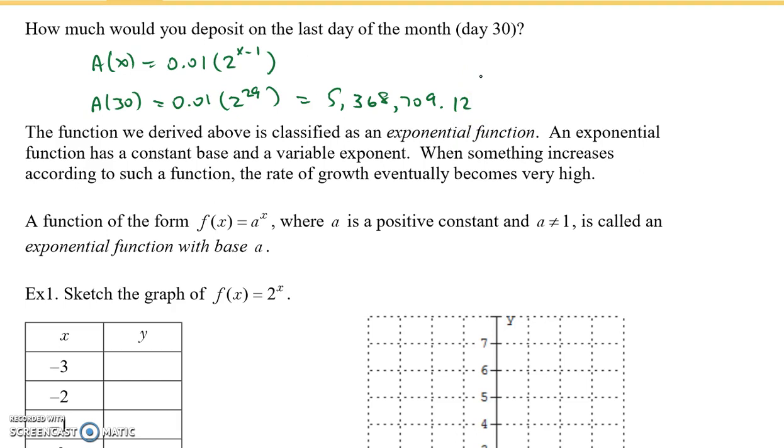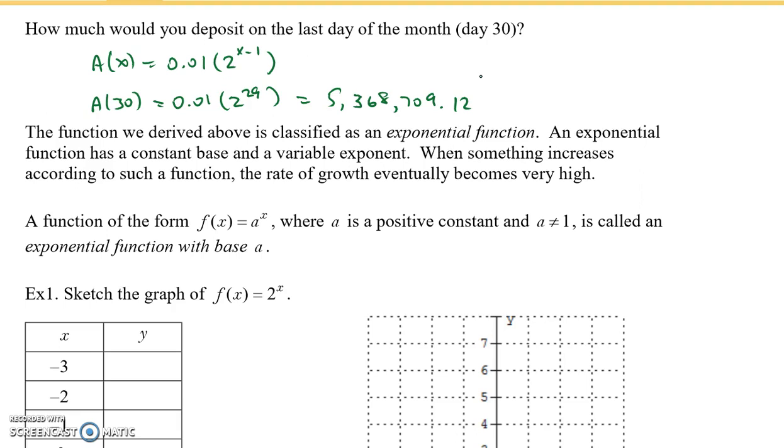So you can see that starting from very, very small deposits, after only 30 deposits, we're well into the millions of dollars. So obviously you're going to need a rather large piggy bank if you continue this process for a month. But this illustrates how rapid the growth can become with an exponential function.